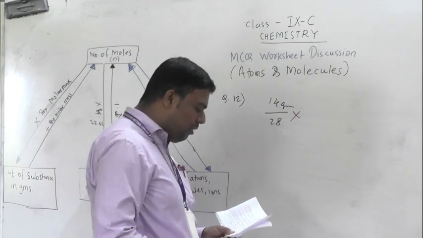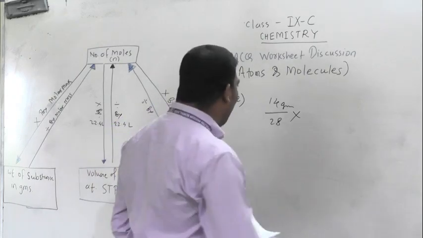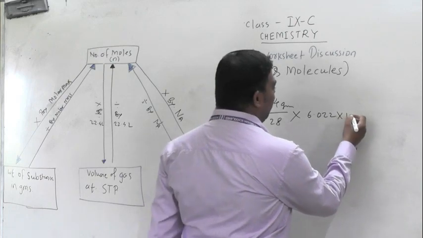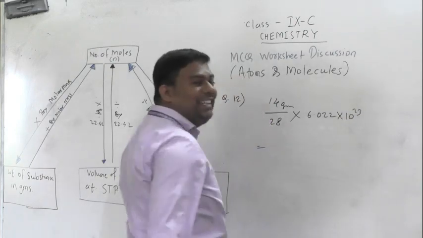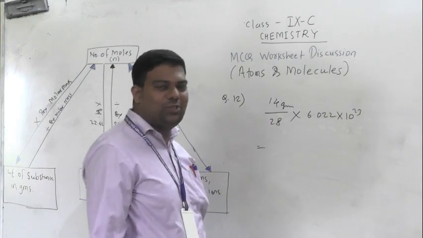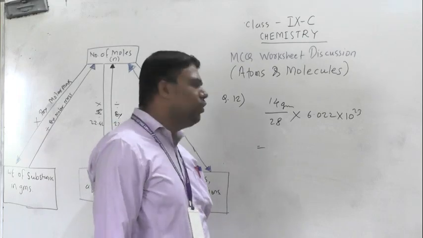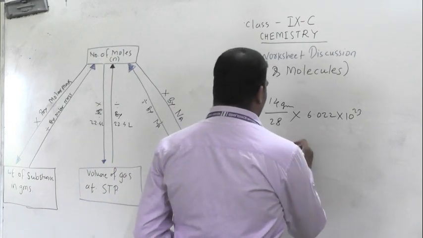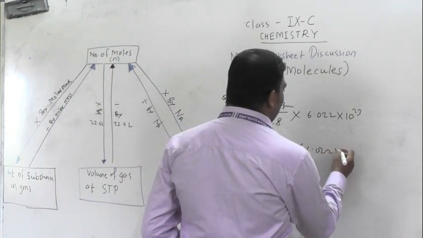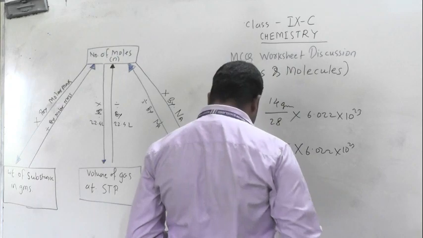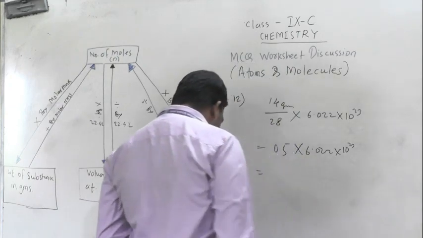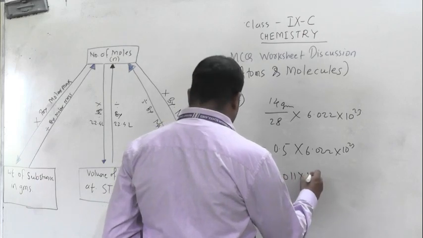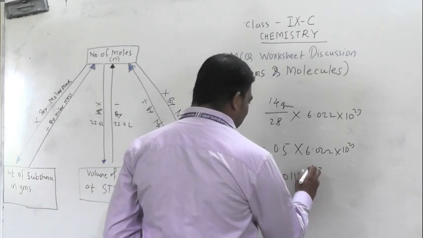What will we calculate? The number of molecules. So 14 divided by 28 into our number, that is 6.022 into 10 to 23. This one is simple. 14 divided by 28, how much will you get? 0.5. So 0.5 into our number, and you will get your answer, that is 3.011 into 10 to 23.